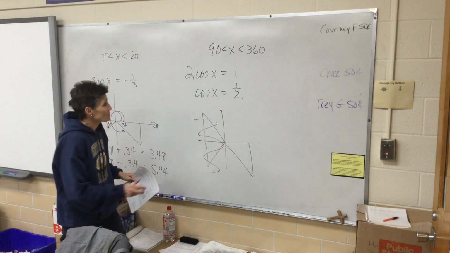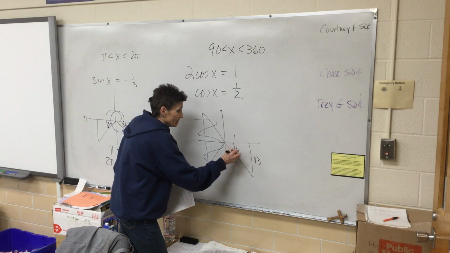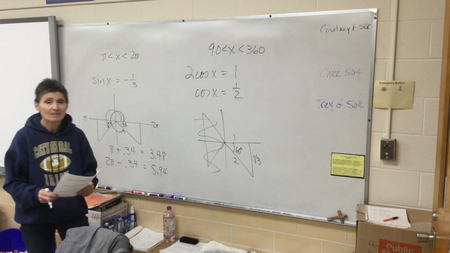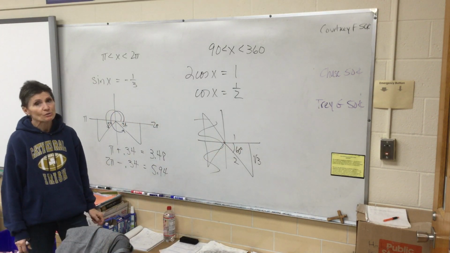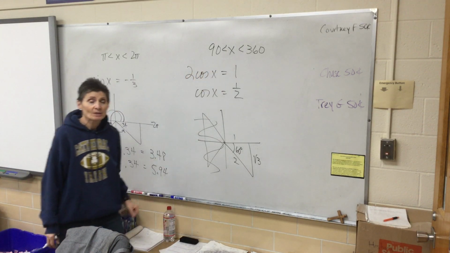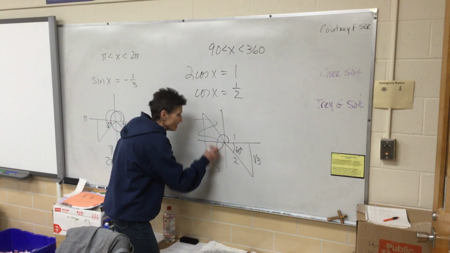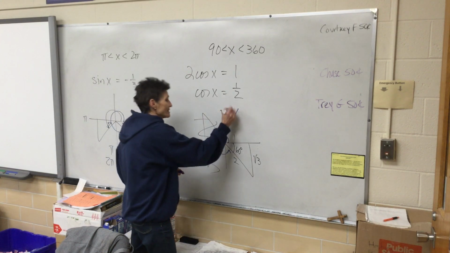So the cosine is 1/2. That makes a 60-degree angle. Please do not say negative 60. This is your domain. You're not going to be able to say negative 60. You're going to have to say positive 300.